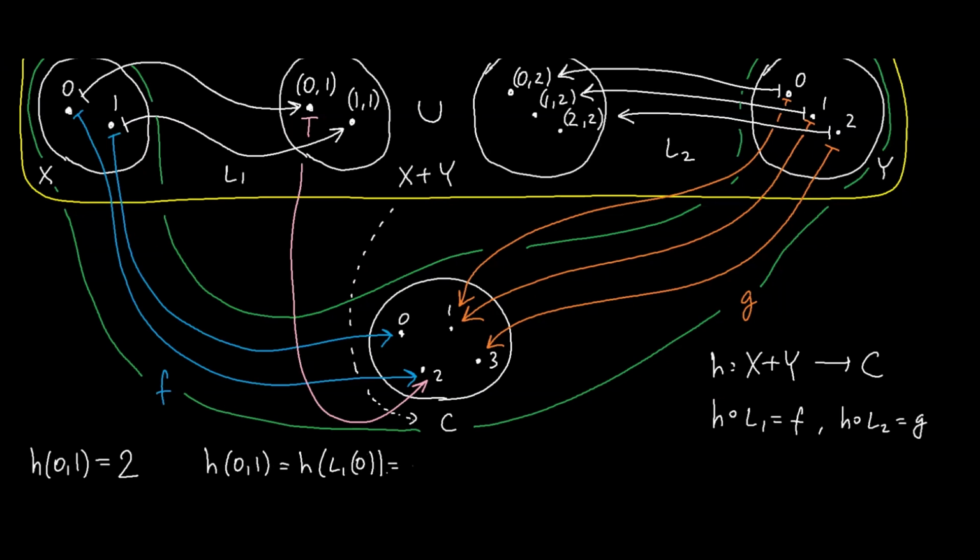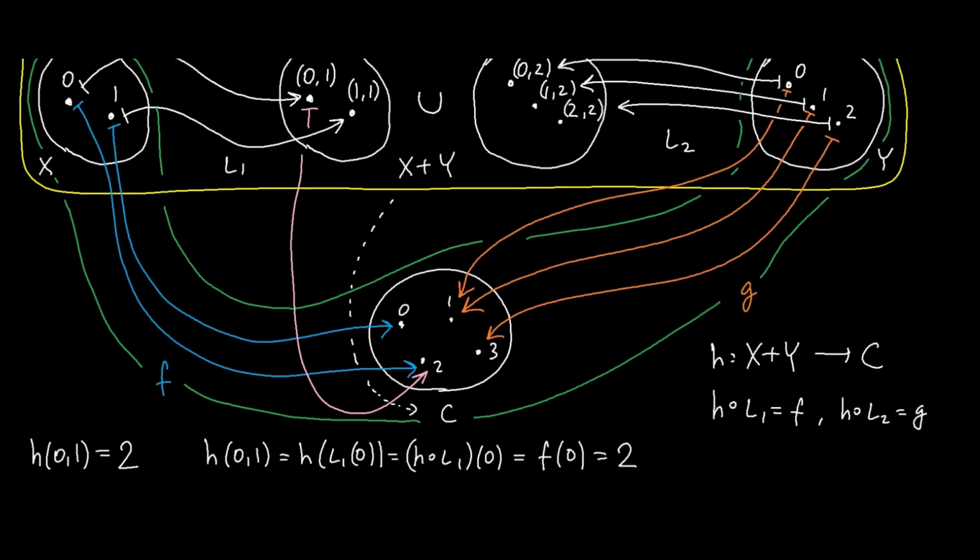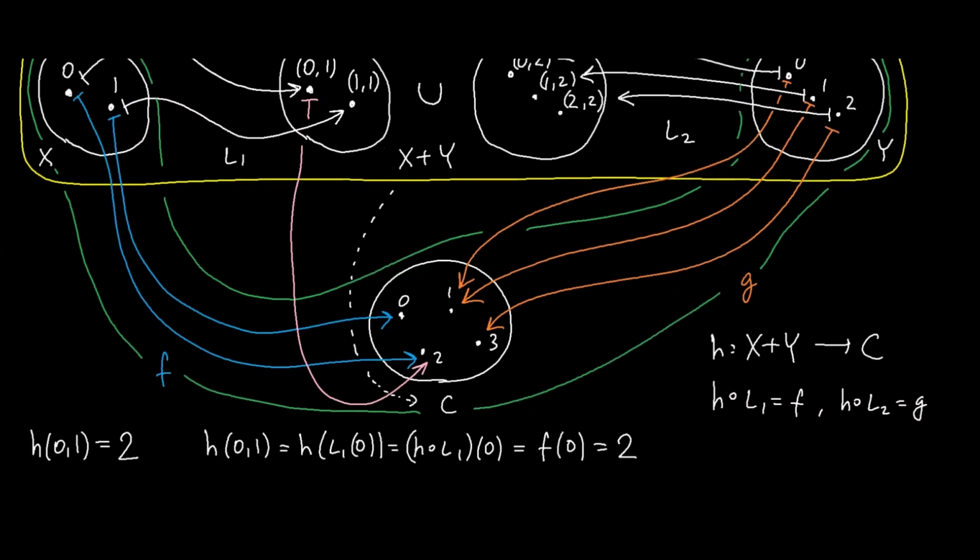Now h evaluated at iota 1 of 0 is of course the same as h composed with iota 1 evaluated at 0. And that I want to be the same as f of 0 by this equality, right? And f of 0 is, if you trace that blue arrow that starts from 0, you see that f of 0 is equal to 2. So I'm kind of forced for h of 0, 1 to be 2 if I want this to hold. Okay, that's good. We've now defined h of 0, 1.